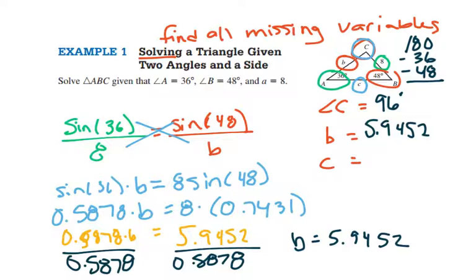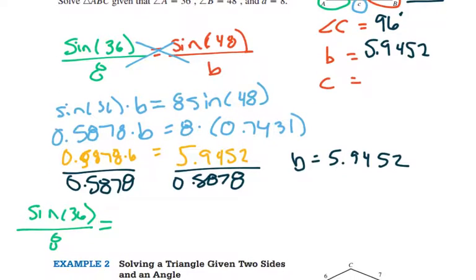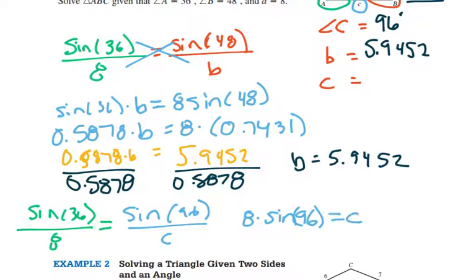And then we can do the same proportion to solve, but in this case we're solving for c. So we're going to set up the proportion of sine of 36 over 8 equal to sine of 96 over c. And so if we solve that and cross multiply, we get 8 times sine of 96 equals c times sine of 36.